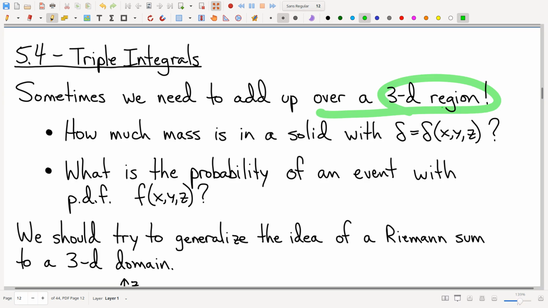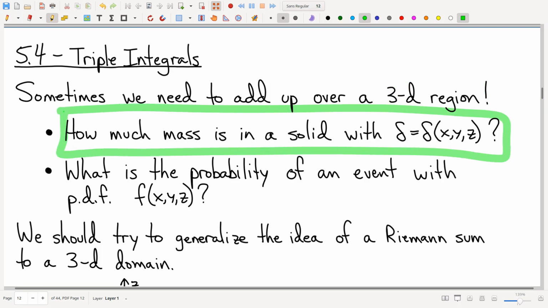So, for example, an easy example, if you want to know how much mass is there in a solid, and of course, again, a solid three-dimensional region, we're going to have to take that solid and chop it up into little pieces. Answer the question for mass on each individual piece, and then add up over the entire three-dimensional solid.